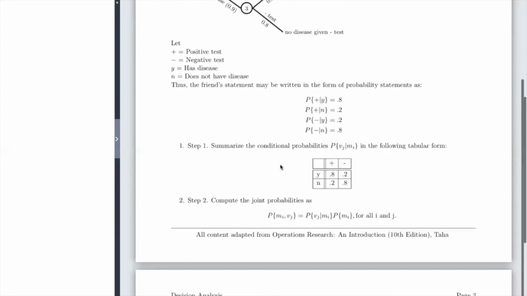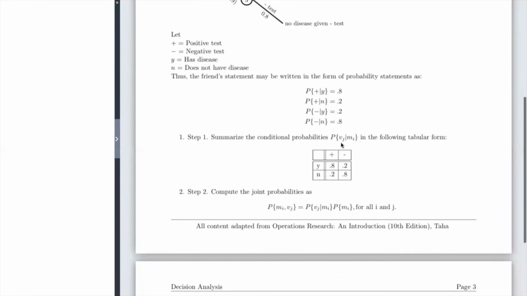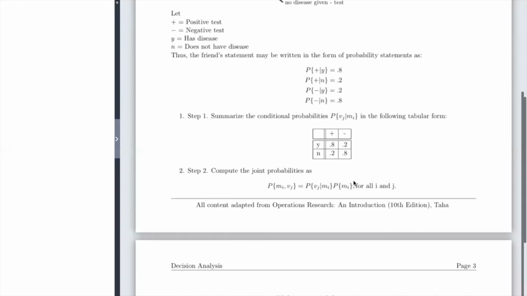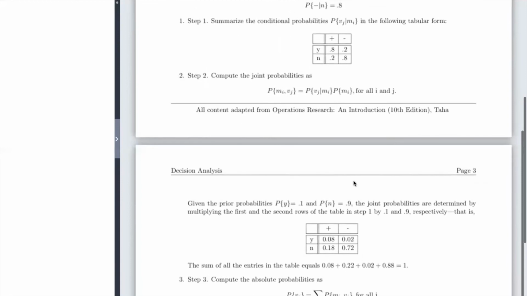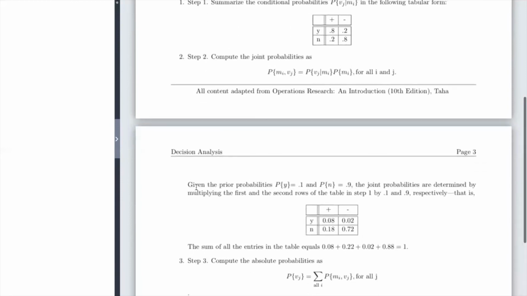So we can write this in the probability table right here. So I just got these values and plugged them into the table. And now we need to compute the joint probabilities. So how do we do that? If you follow the steps, we have that the given probability to have the disease is 0.1 and not to have it is 0.9.